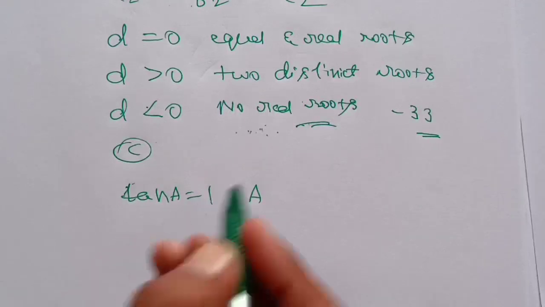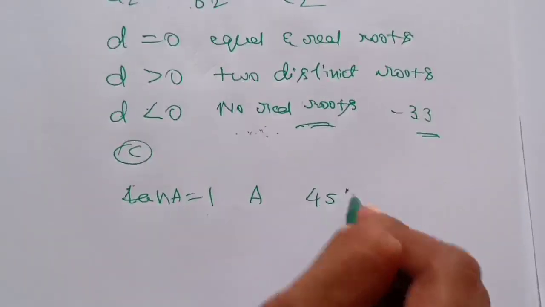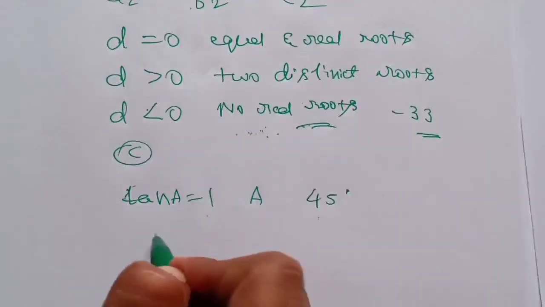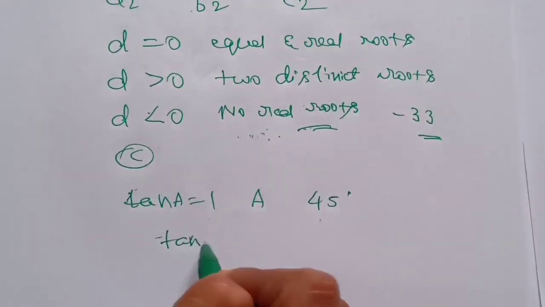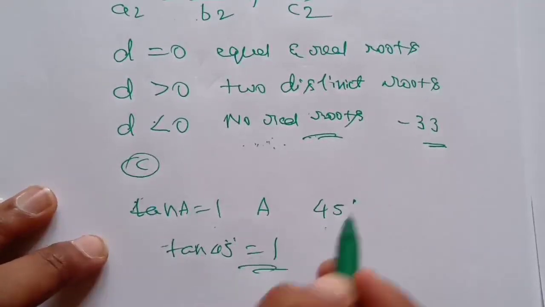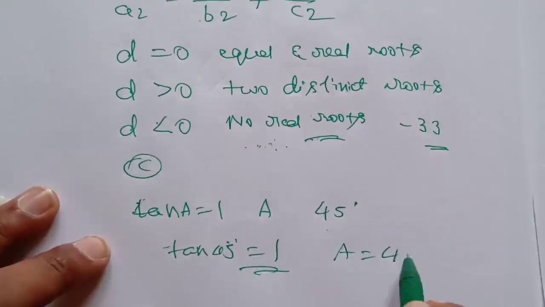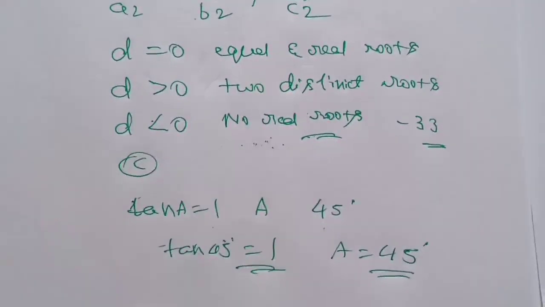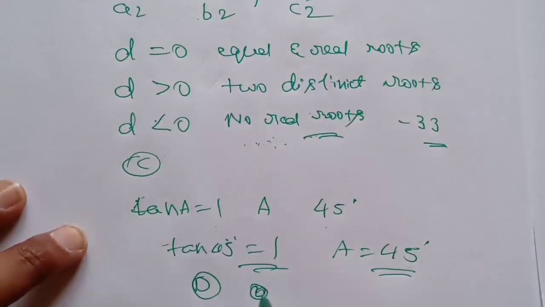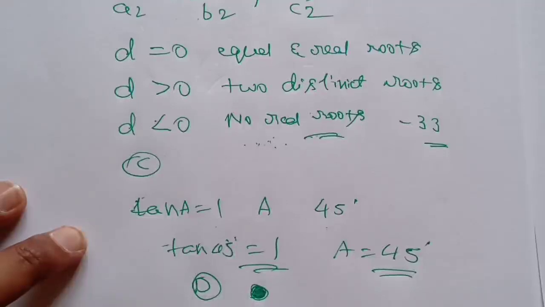In tan 45 degrees, what is the value of tan 45 degrees? The tan 45 degree value will be equal to 1. So therefore the value of A will be 45 degrees. Which option is correct, children? The D option is correct. You need to write down D as correct and shade the D option like this.